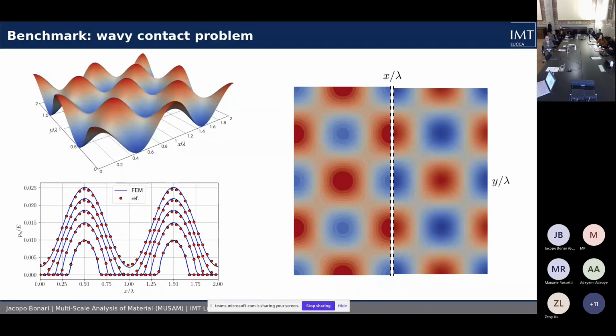The same problem has been solved using our modified finite element implementation, and the results have been compared to a reference solution obtained with a different numerical model. And as you can see from both this plot and this surface plot, the agreement between the two solutions is very good.